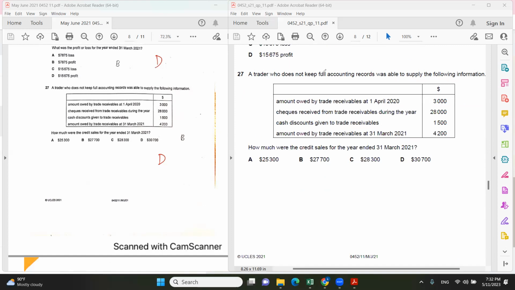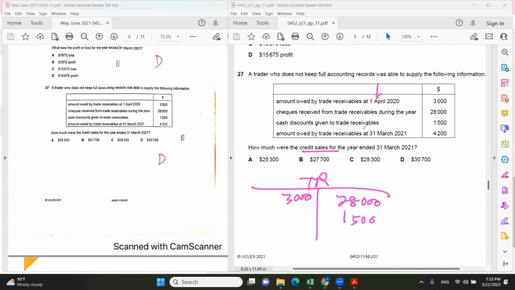A trader who does not keep full accounting records was able to supply the following. How much are the credit sales? So we have, this is a trade receivable. You use trade receivable. Amount owed by trade receivable at the beginning of the year, 3,000 in here. Cheques received from the trade receivable during the year, this is a bank amount. Cash discount given to the trade receivable, this is a discount allowed.